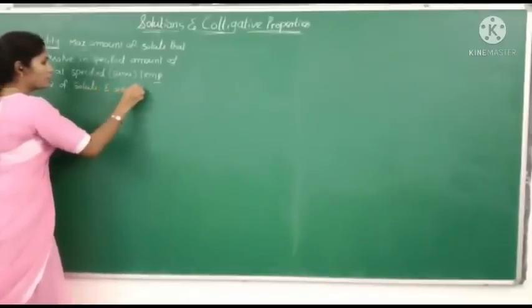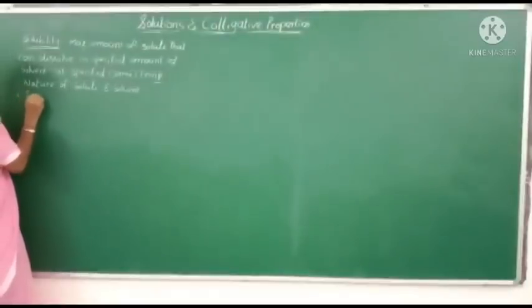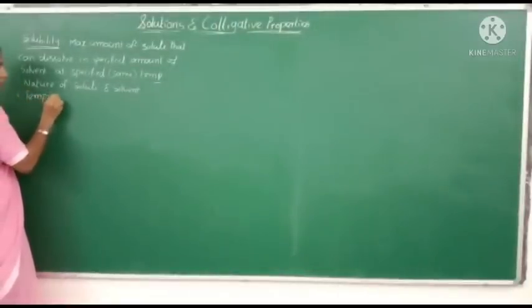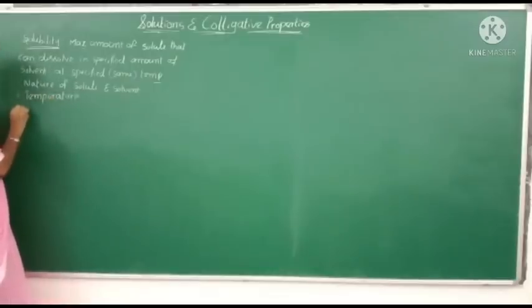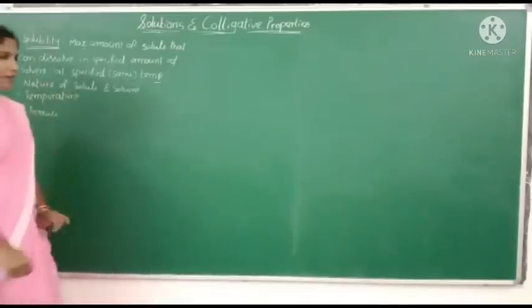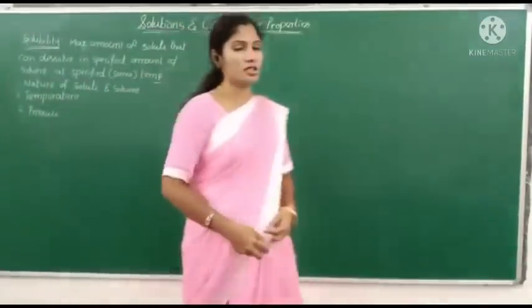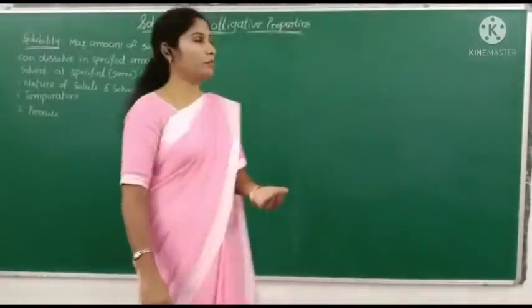The second factor is temperature. And the third one is pressure. That means solubility may be affected by these three factors: nature of solute and solvent, temperature and also pressure.